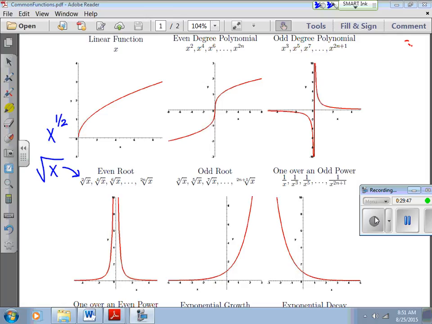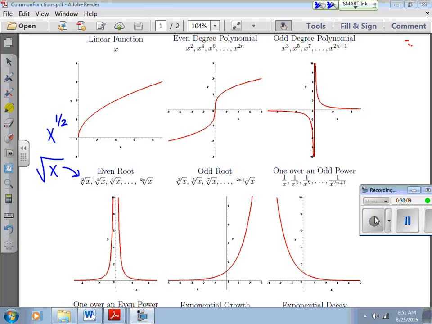The fourth root of x would just be x to the 1/4 power. The 6th root of x would just be x to the 1/6 power.